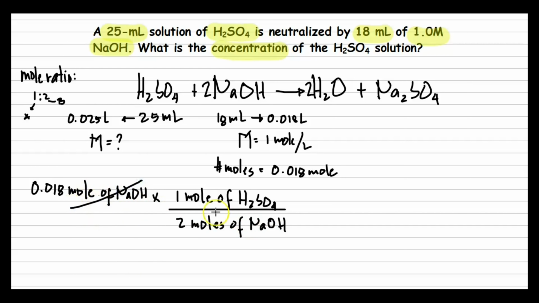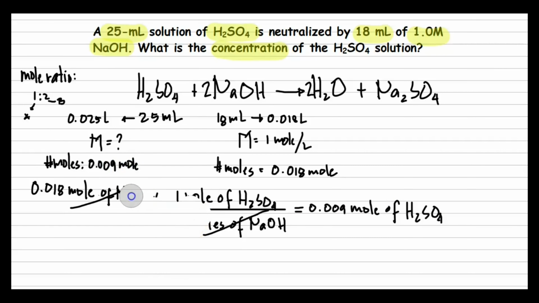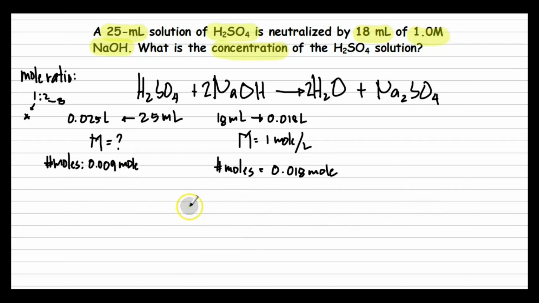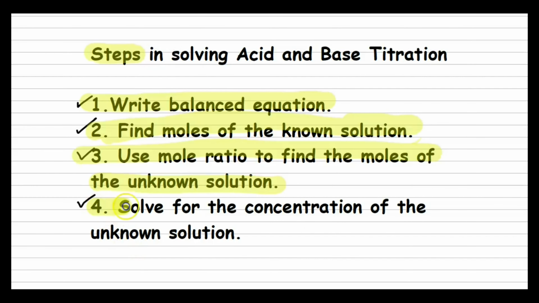You can always swap the mole ratio depending on which one you want to solve. So the number of moles for H2SO4 is 0.009 moles.